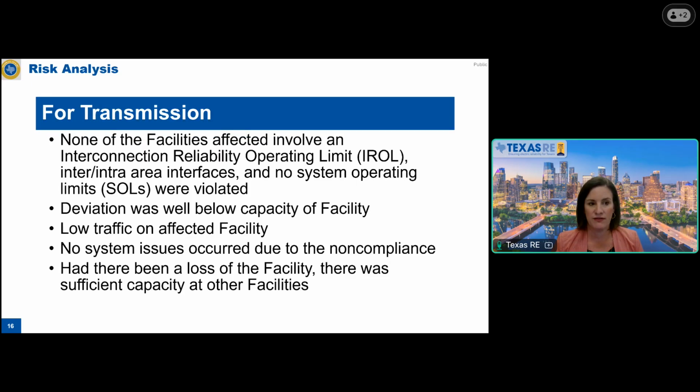Perhaps there was low traffic on the affected facility. Did no system issues occur due to the noncompliance? And finally, we'd like to know if there had been a loss at the facility, whether there was sufficient capacity at other facilities. In other words, we couldn't transmit that direction on that line, but we had plenty of capacity through other routes.